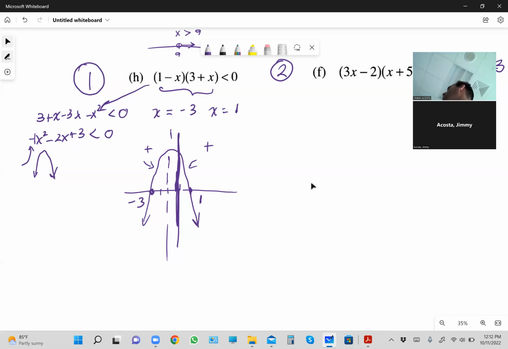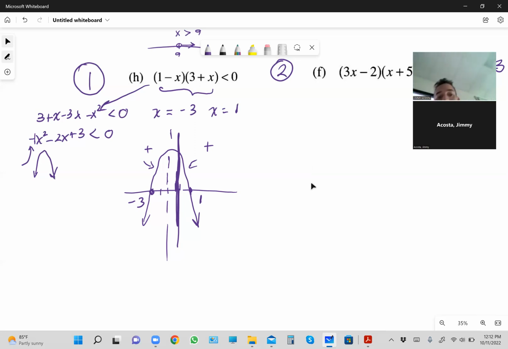So between negative 3 and 1, the values that are exhibited here are positive. When are they less than 0? When it's beyond negative 3, for sure everything is negative, and when it's beyond 1 in the right direction.